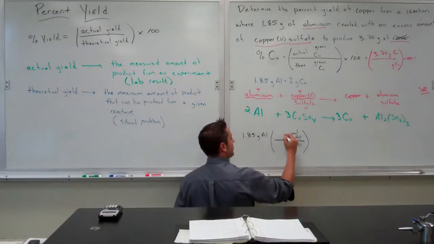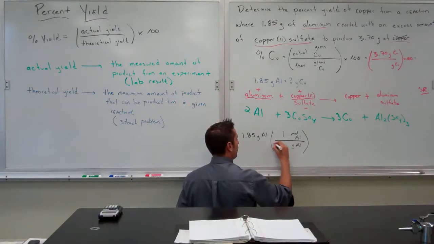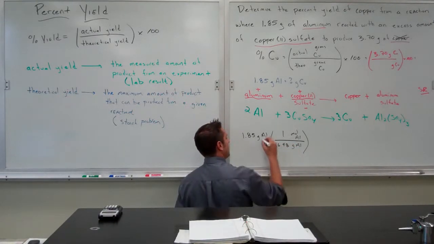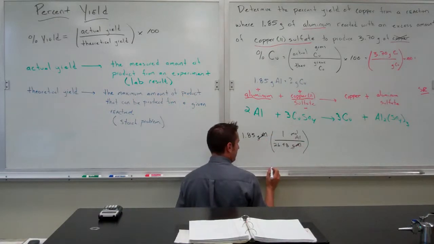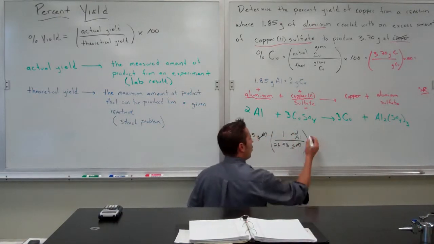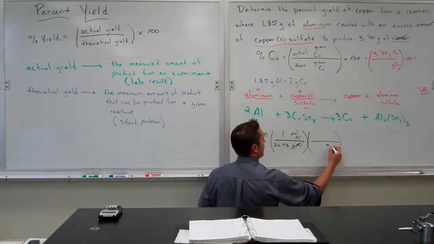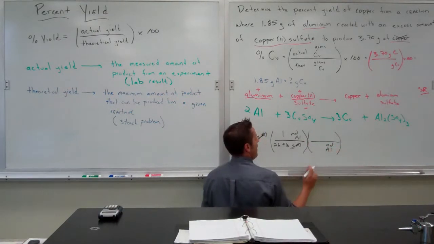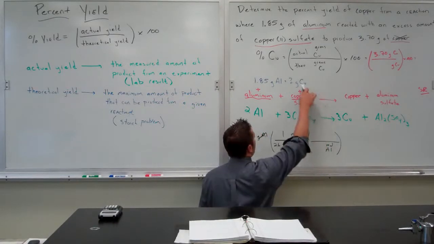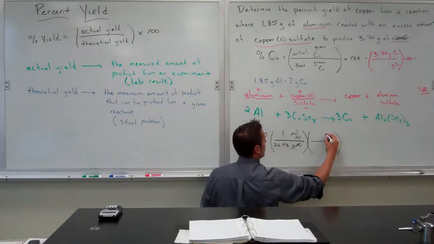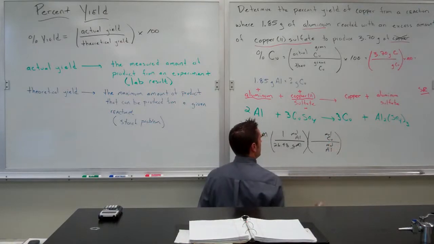Anytime you're doing a grams to moles, 1 goes with moles, and you go to the periodic table to get grams, which would be 26.98. Once you have moles, now you're able to change identity. So we're going to get rid of moles Al, and then figure out what it is that I want. I want copper, so we go to moles of Cu.